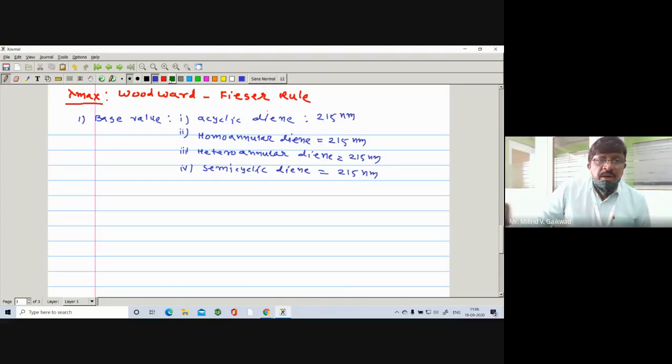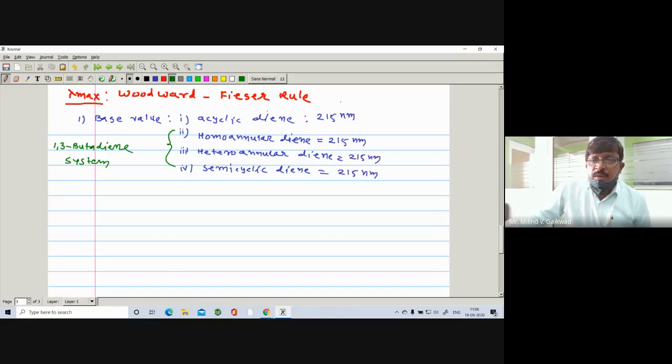So for this one we can also write in general, right? So it is an example of a 1,3-butadiene system, right? So basic value is 215 nanometer.